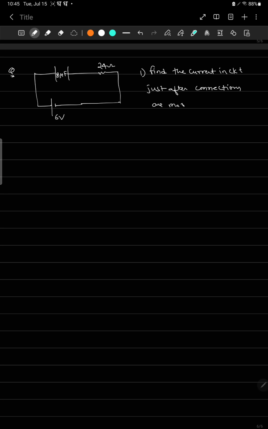So just after connections are made, that means t equal to 0, right? Just after closing the switch, t equal to 0. First of all we'll calculate the RC value. The current at t equal to 0: we know what happens to the capacitor.